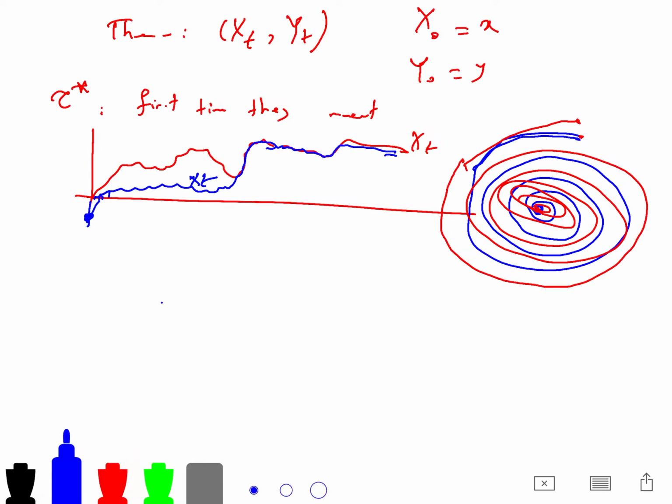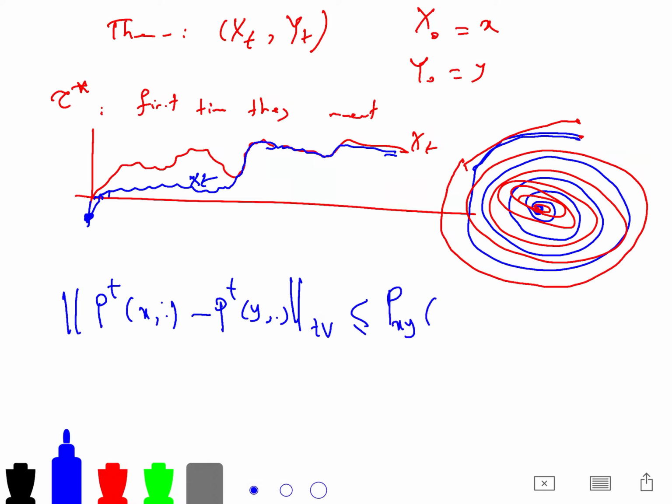So the theorem says that the total variation between the distributions from x and 0 is upper bounded by the probability that tau star is greater than t. And remember, tau star is the first time they meet.